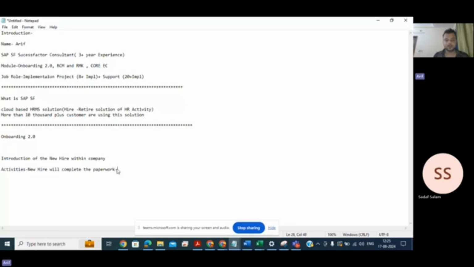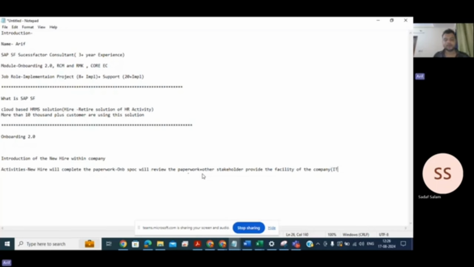The onboarding spoke will review the paperwork, plus other stakeholders who are involved in the onboarding process provide the facilities of the company. What facilities will be there?